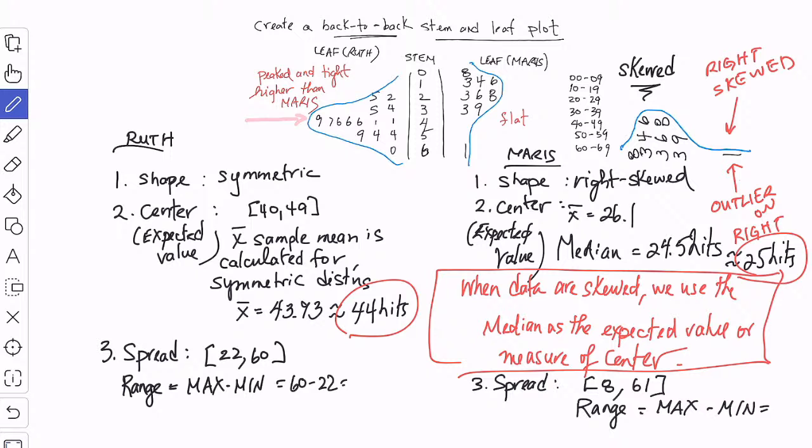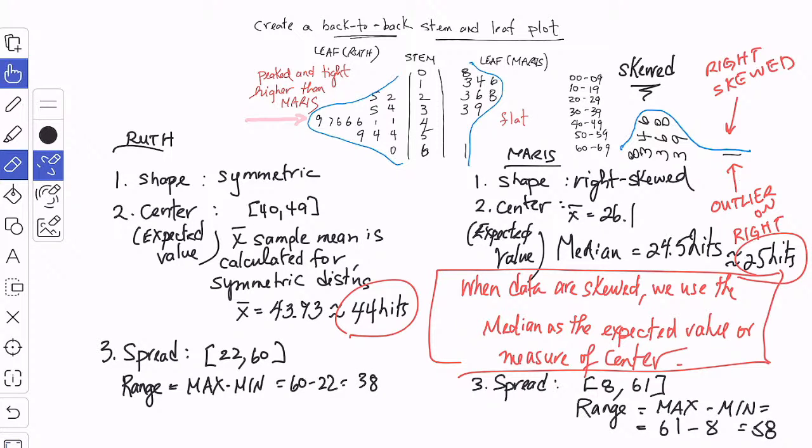Gives you 38. So this is going to be less spread out than 61 minus 8. Okay, so that demonstrates that it's tighter. This is a tighter distribution. So that's one thing we can do with the spread.